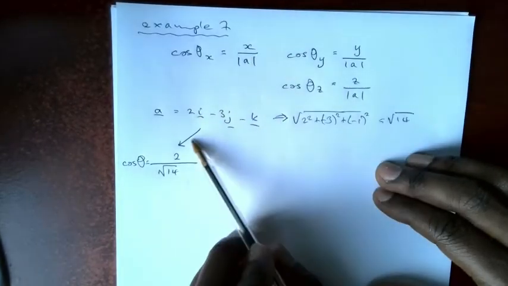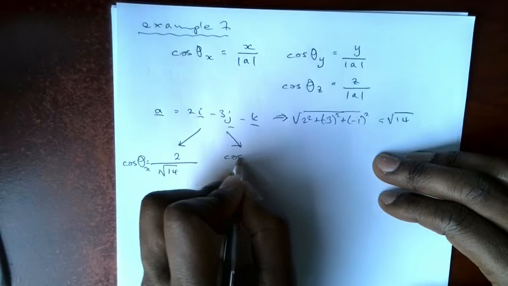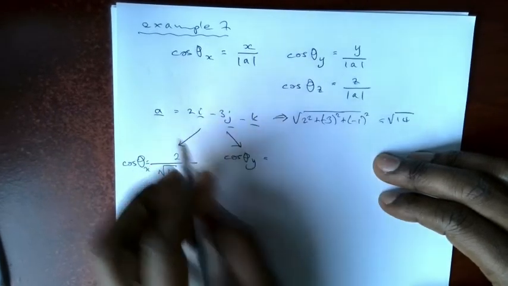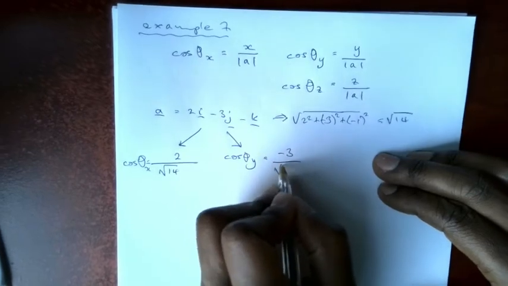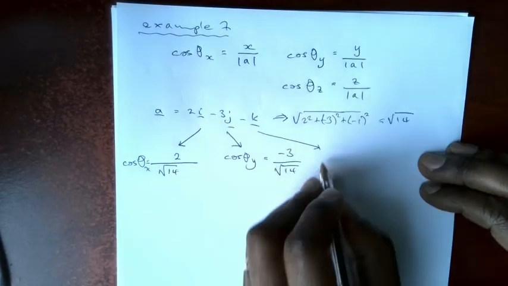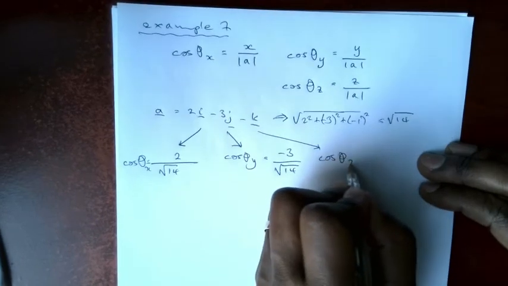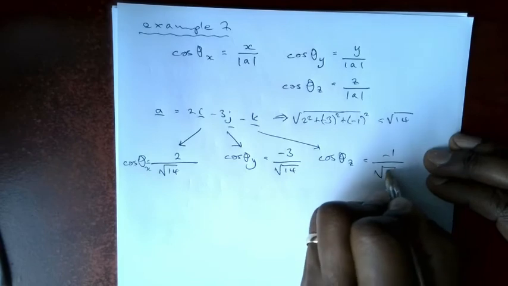If I want to find the cosine of the angle between that and the y-axis, then I'm going to use negative 3 over root 14. And then the angle between this vector and the z-axis as a cosine would be negative 1 over root 14.